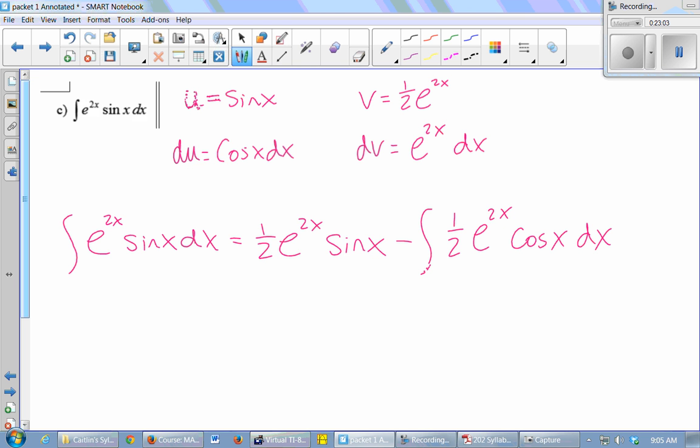What do you think? Thoughts? I could pull the 1/2 out, yeah, and then I'd have the integral of e to the 2x cosine x, which is exactly what I had before, right?